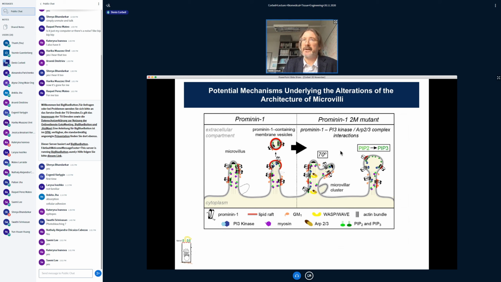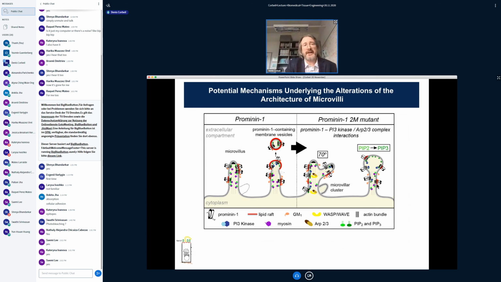So if myosin binds to PIP2 in the inner leaflet, and myosin binds to the actin cytoskeleton, it allows the microvilli to keep their shape. If PI3 kinase, by binding to prominin-1, transforms PIP2 into PIP3, then the myosin molecule will no longer bind to the membrane, and then the membrane will swell. And that's the model that we have.